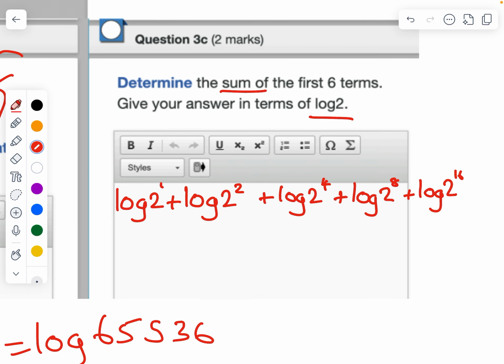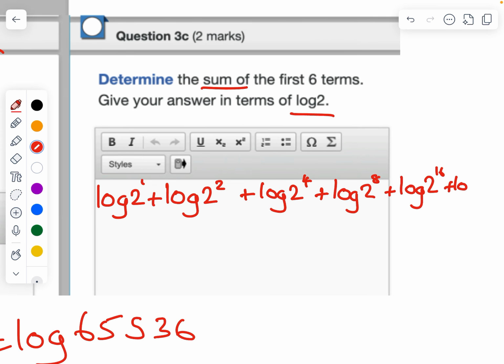And then the next one, you can see from the powers, 1, 2, 4, 8, 16. Log 2 to the power of 32. Right, so now I'm going to bring all those powers down because it wants it in terms of log 2. So the first one is just log 2.